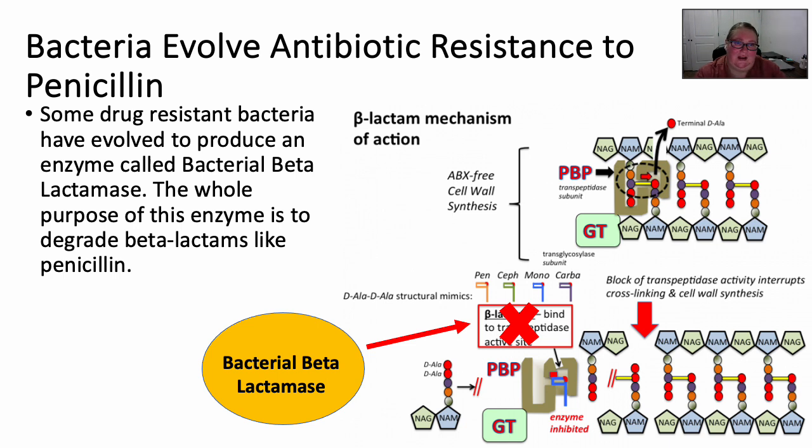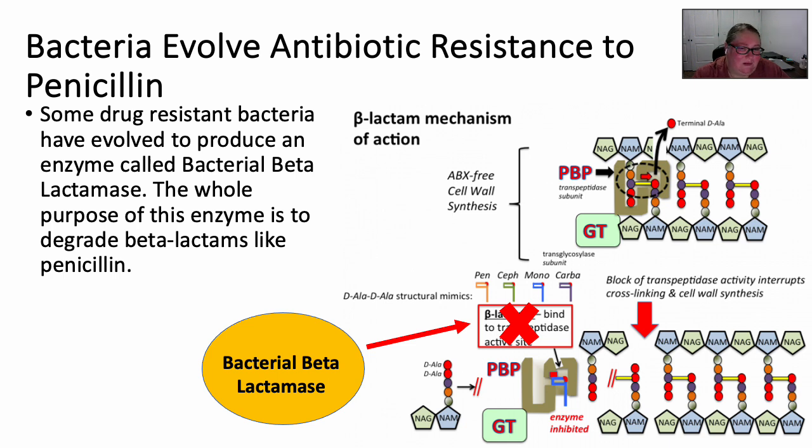So bacteria have evolved and now have an enzyme called bacterial beta lactamase. What beta lactamase does, its whole job is to bind beta lactams like penicillin and break them. So it's going to break them, and then penicillin is no longer effective and can no longer bind to the enzyme, which is going to then prevent that cross-linkage from forming.